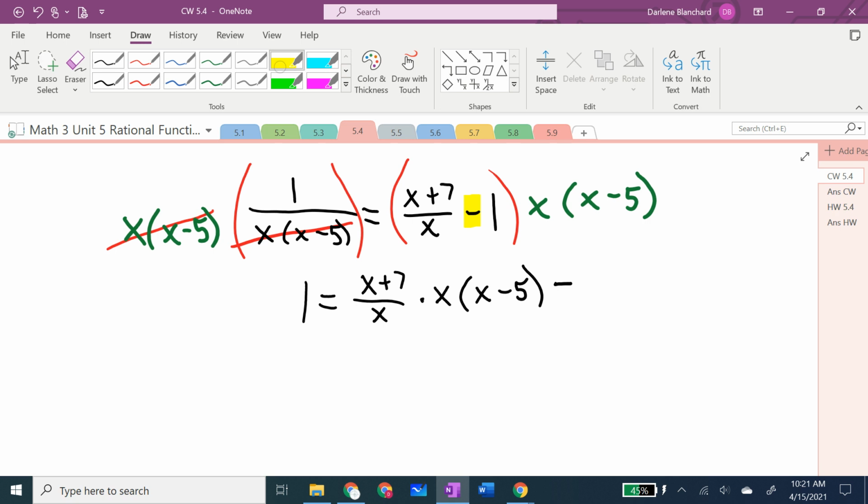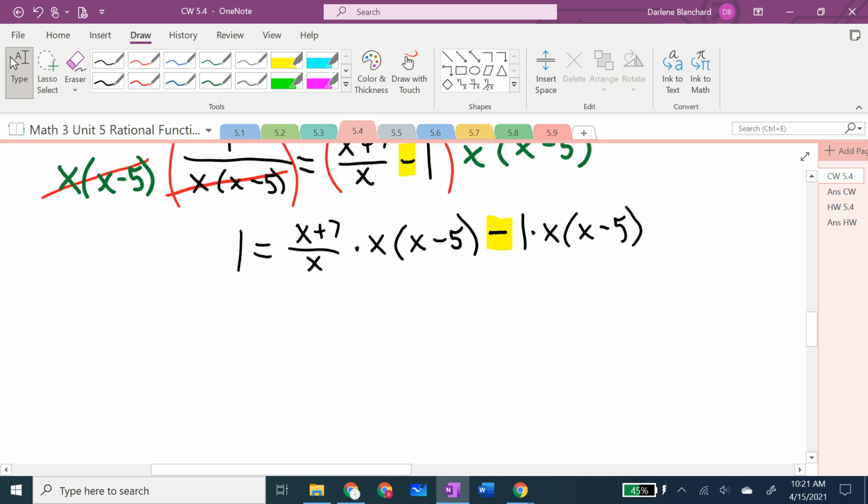Then the subtraction sign, and now I have a 1 multiplied by the x times x minus 5. Now, what you want to see is this denominator x will cancel with this multiplication by x. And now you don't have a denominator anymore.